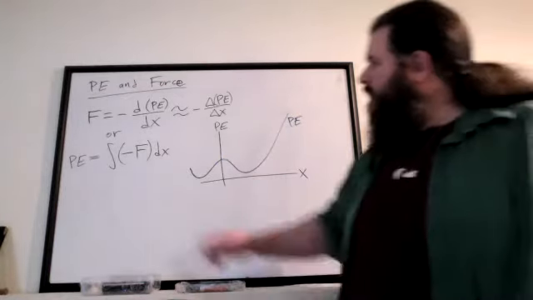So let's say we mark off a change in x. This x value has a potential energy associated with it. This x value also has a potential energy associated with it. If we draw out a straight line linking those 2 points, x1 and x2, anyone remember from calculus what we call that line, linking 2 points on the curve?